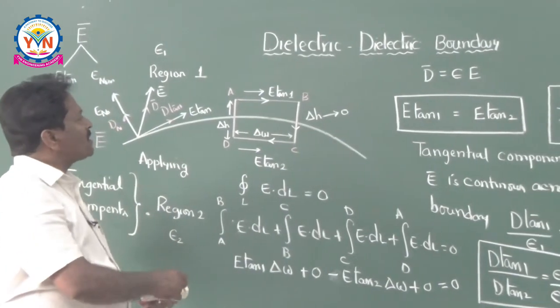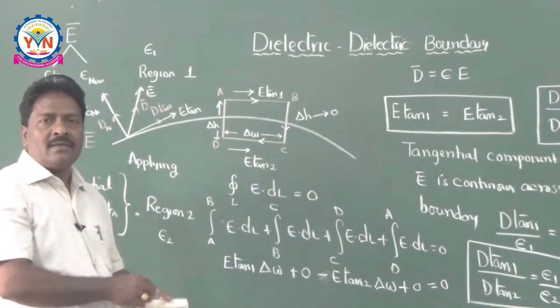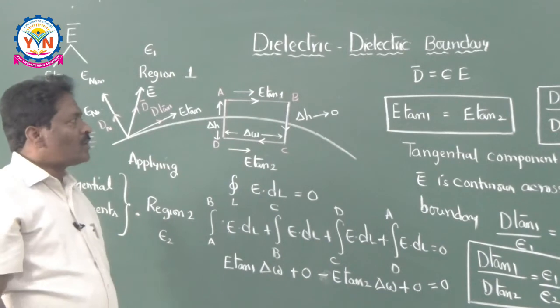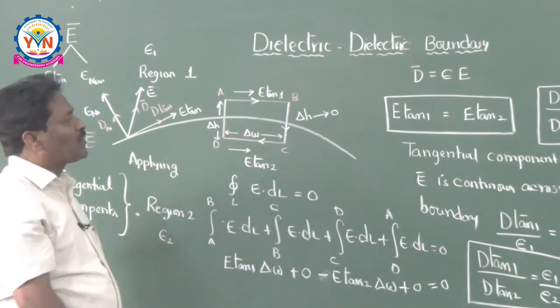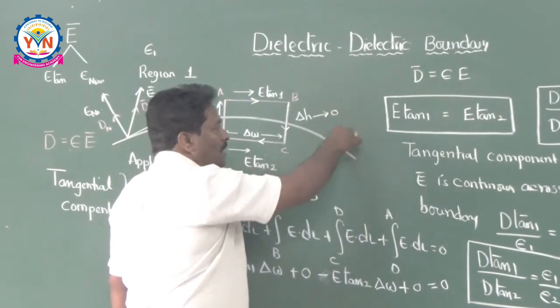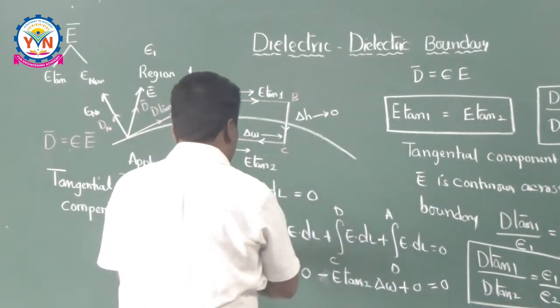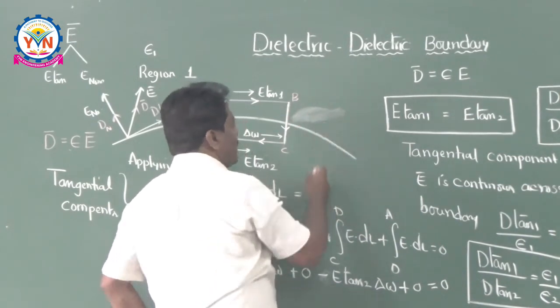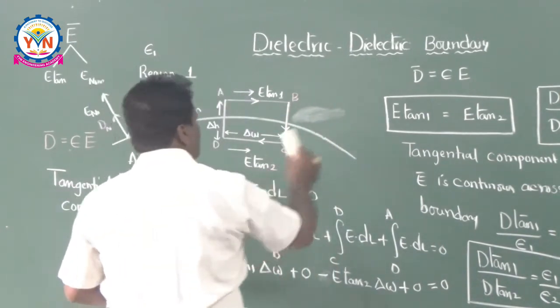Now once you understand these boundary conditions, it doesn't take much time to complete your normal components. For calculating the normal components, you have to take a cylindrical section, that is nothing but your pill box.